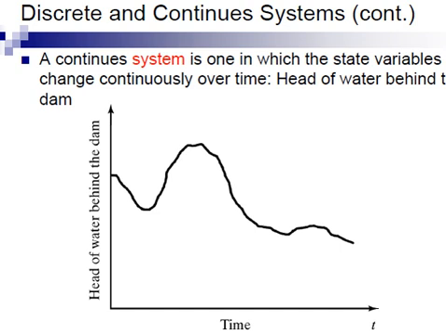It's called head. So head of water behind the dam, you cannot discretely measure it, because this head of water is changing continuously.